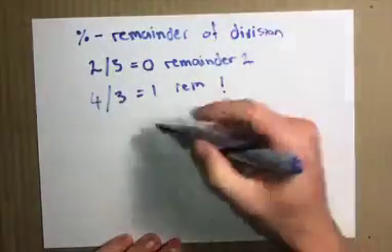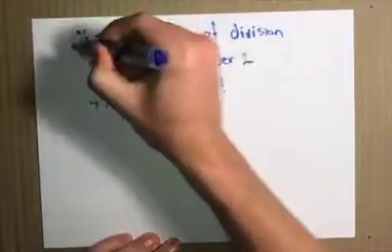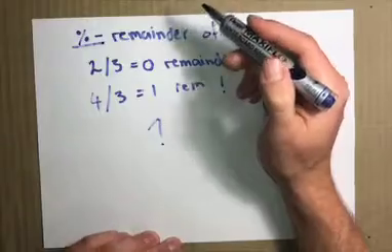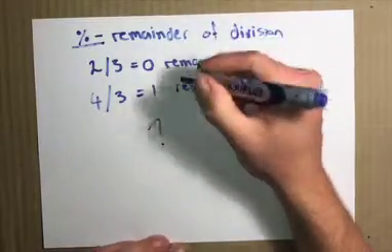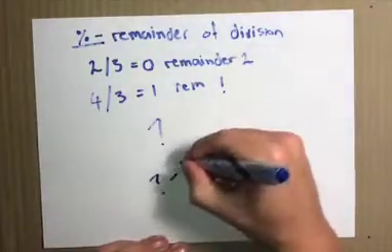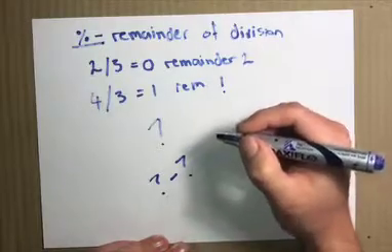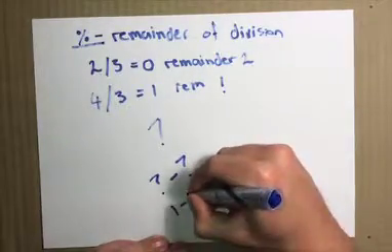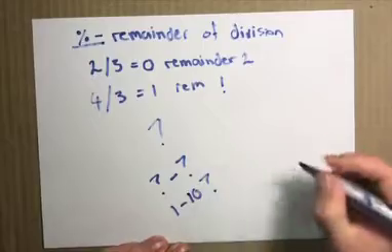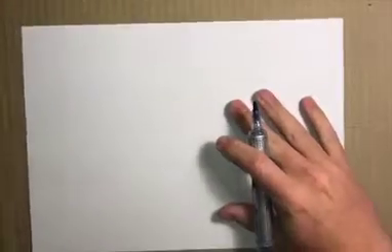Now, how will we use the remainder or the mod functionality to determine a number between something and something, for instance, 1 and 10? How would we do it? Let's quickly look at how we will do it.